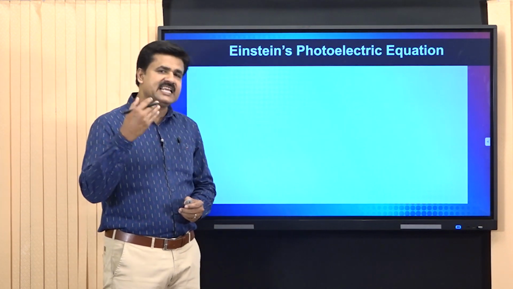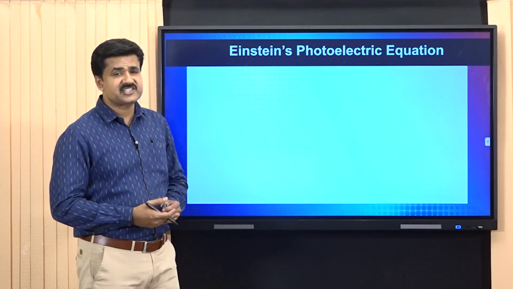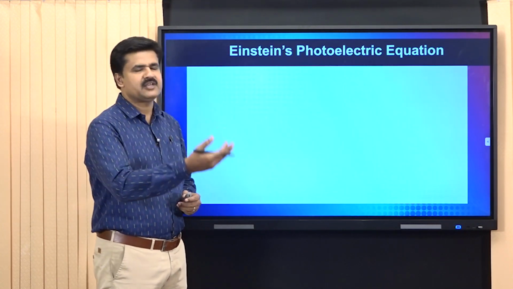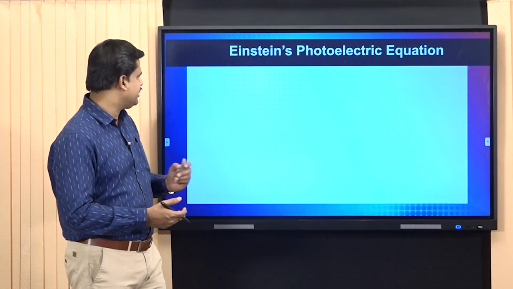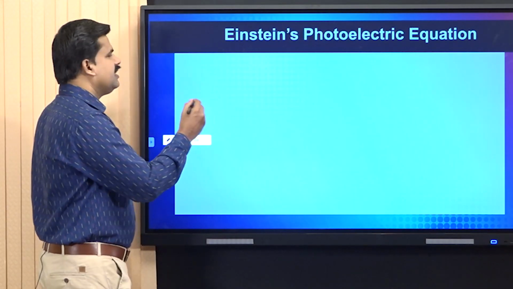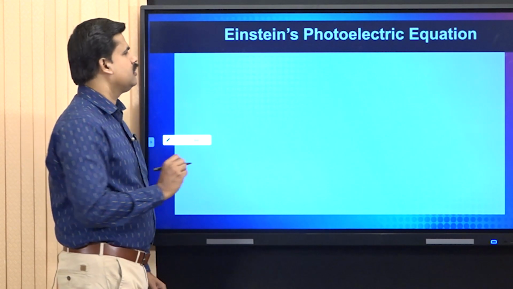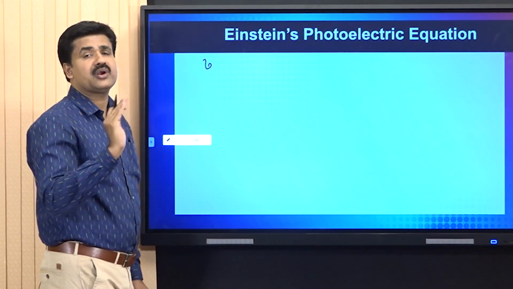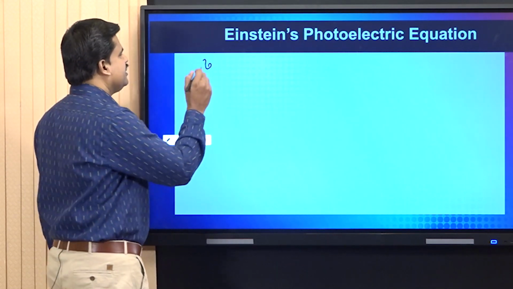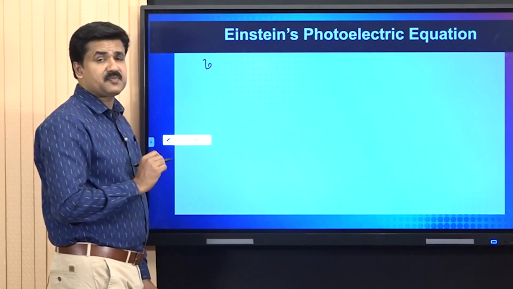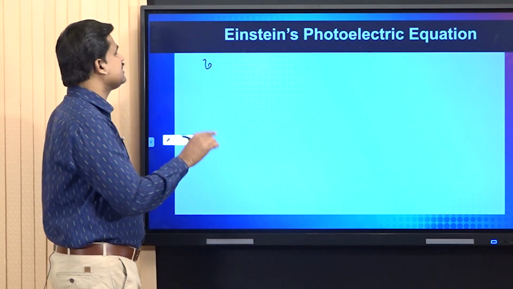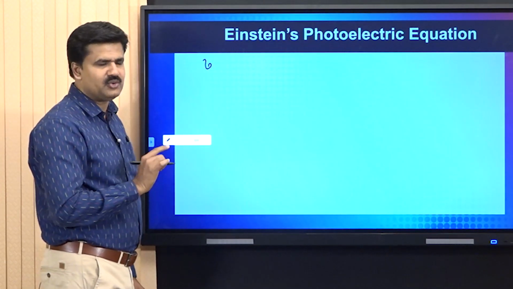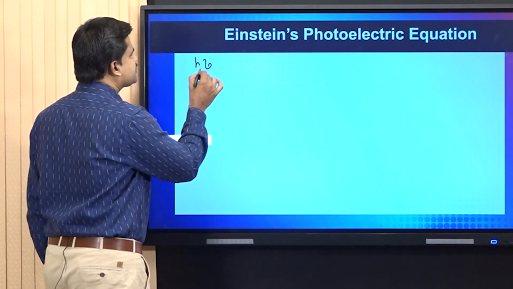Here, Einstein derived one important equation called Einstein's photoelectric equation. We are moving to Einstein's photoelectric equation. Let a photon of frequency nu fall on a metal surface. Then, according to Max Planck's quantum theory, the energy associated with a radiation of frequency nu is equal to h nu.